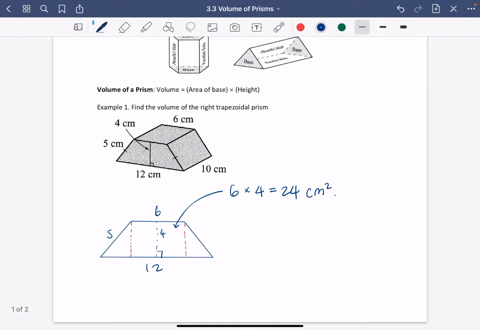Okay. What about the area of the triangles? Well, we know the side of the bottom is 12. The top is 6. So if you subtract 6 from 12, then you get these two sides together.